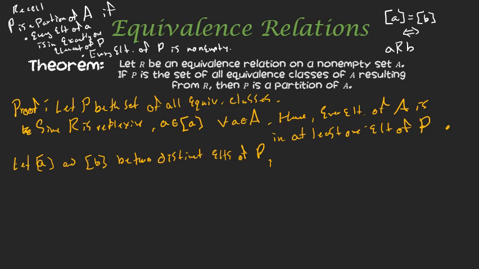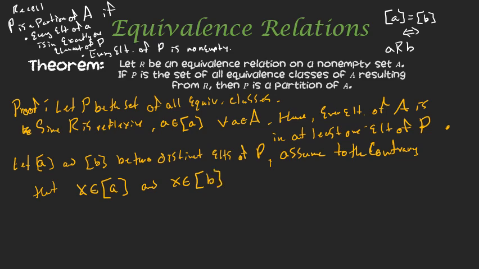And so let's suppose to the contrary that some element X is in both of those. Assume to the contrary that this element X is in A and X is in B.